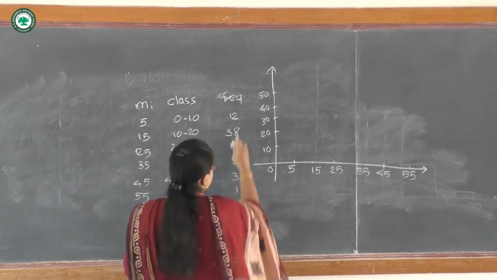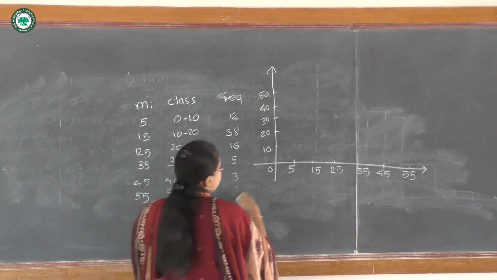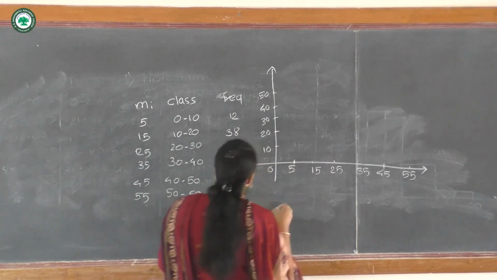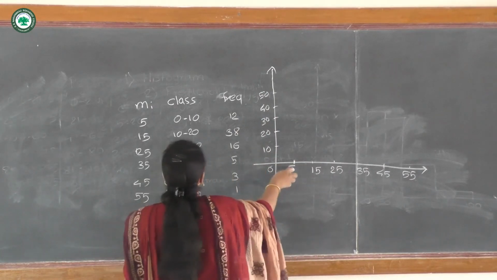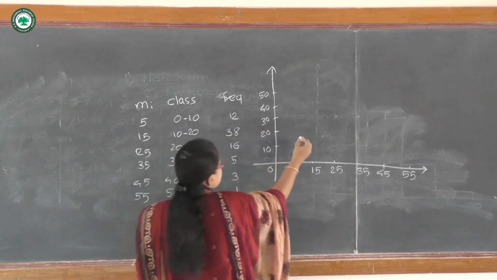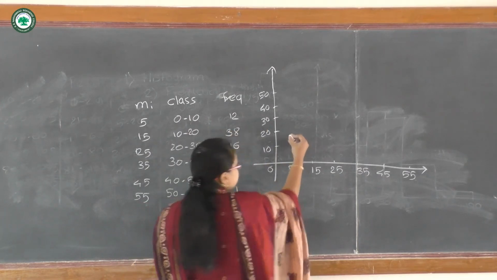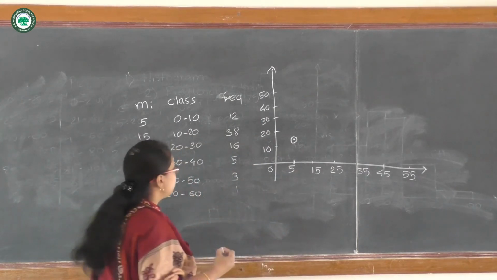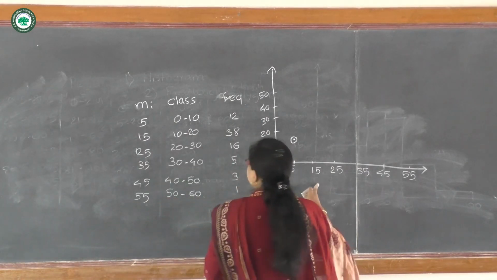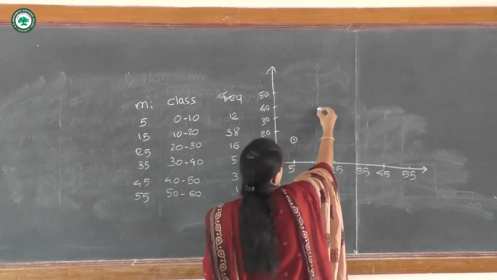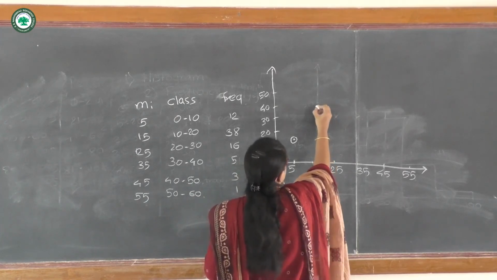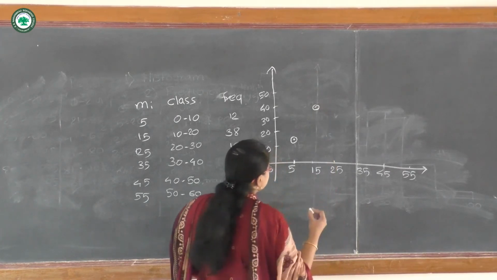Here the class frequencies are: for the point 5, that is the first class, it is 12. So I will denote this point as this. So I have plotted the point. Then for the next class it is 38. Approximately I am drawing the points.